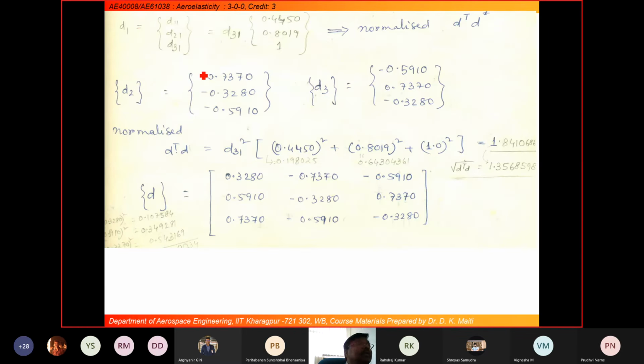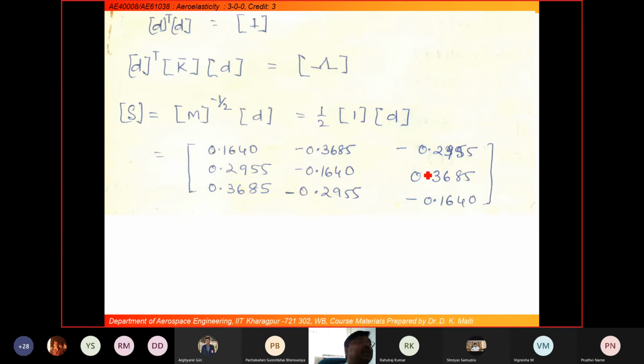Finally I get d1 equal to this, with d31 taken as unity. Similarly, I have d2 and d3, and from d transpose d I get this normalization, and this is our d matrix.